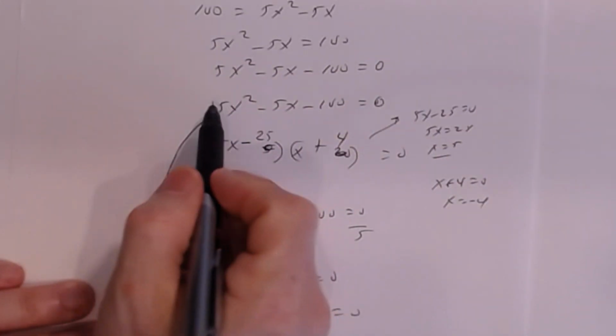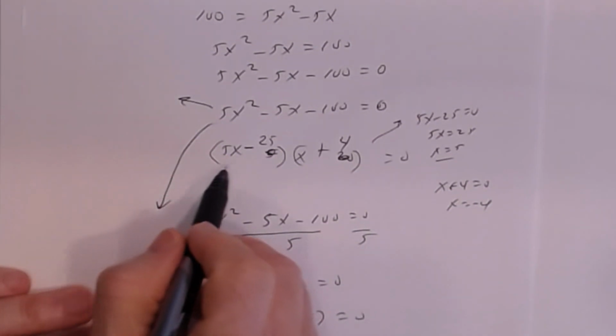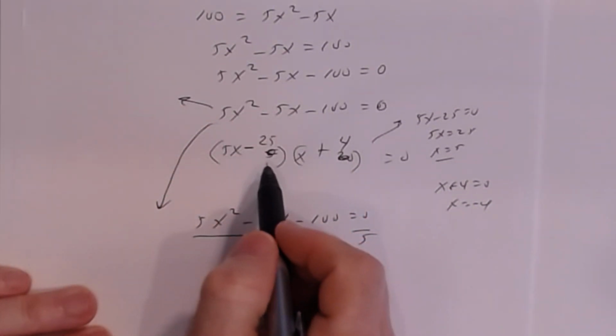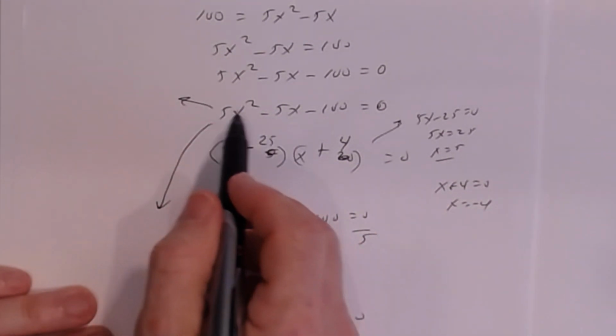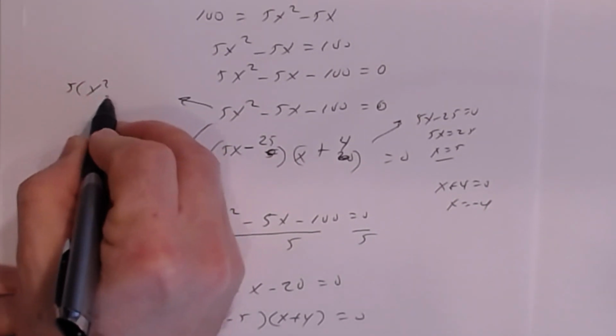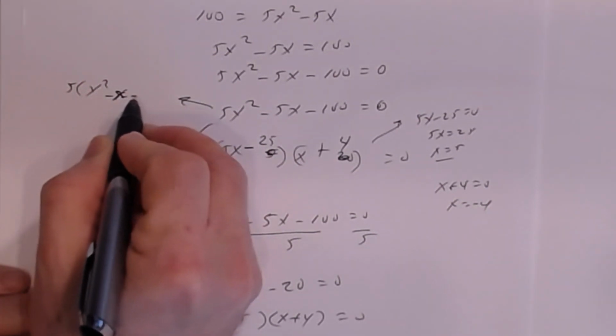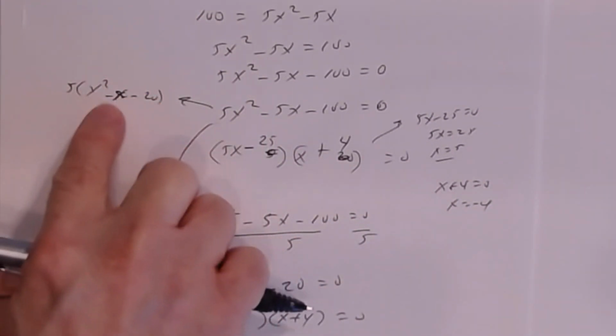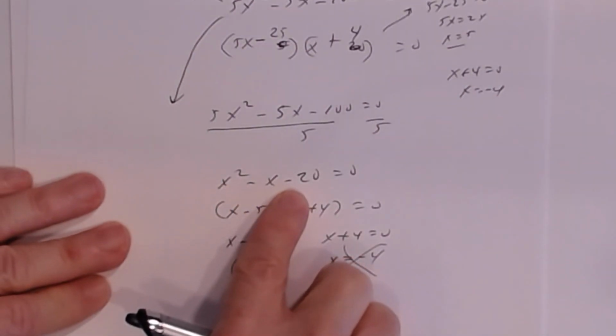Okay, you could have also done this, just to let you know. So rather than trying to factor everything as you see, you could have factored out a GCF of 5. So you could have said, well, that's going to be 5 times x squared minus x minus 20, right? Factor out a 5, and now notice this looks like this.